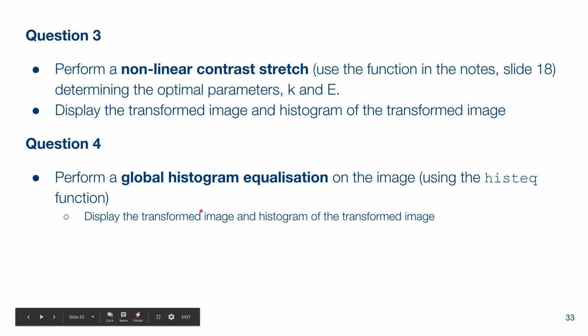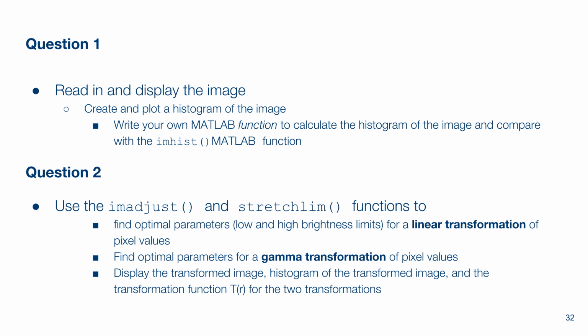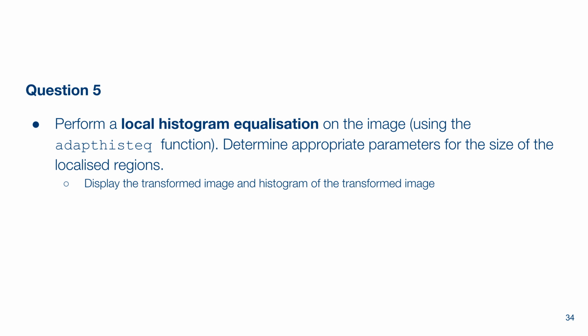And then question 4 is perform a global histogram equalization on the image using MATLAB's histogram equalization function. And I want to see the transformed image and the histogram of the transformed image. And then question 5 is to do a local or adaptive histogram equalization using the adapthisteq function in MATLAB. Again, display the transformed image and histogram of the transformed image.